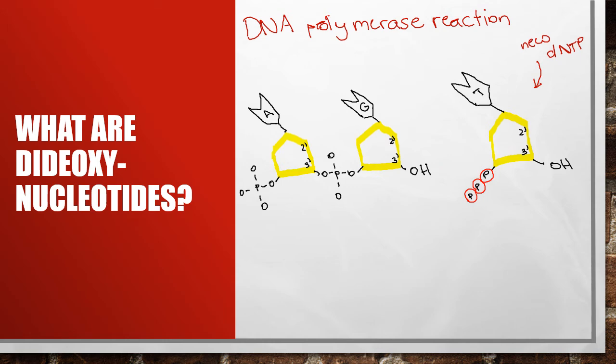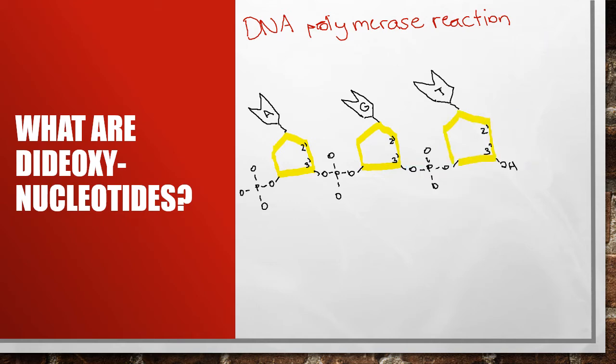When DNA polymerization occurs, a reaction between the hydroxyl group on the 3' end and the phosphate on the new dNTP allows the new dNTP to be added to the nucleotide.